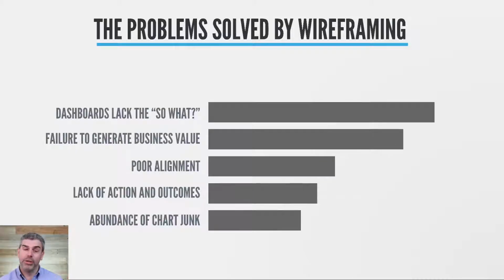And that's where wireframing can help us visualize, okay, well, we want these actions, but what does that look like, and how do we represent that, right? And how do we make sure that's going to happen? And another one that we get all the time is chart junk, right? So we end up with lots of things on our dashboard that aren't really driving any value or driving any action. So wireframing can solve these, and it's a very visual way to do it, as well as a way to collaborate with people.